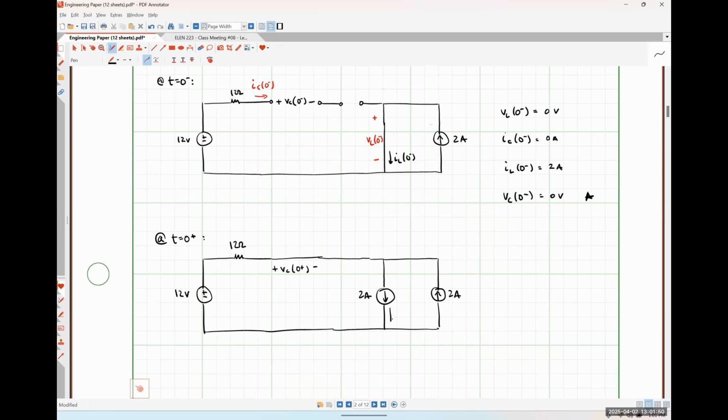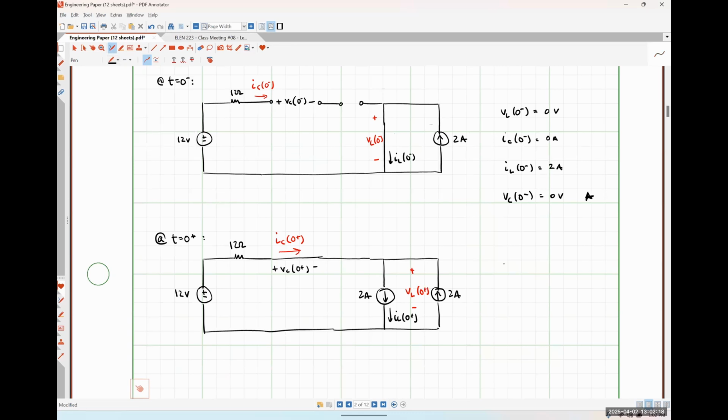This current is IL at 0 plus, and just for the hell of it, this is going to be VL at 0 plus, and this is going to be IC at 0 plus.